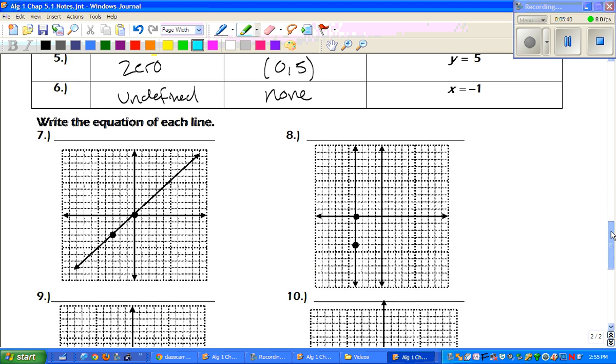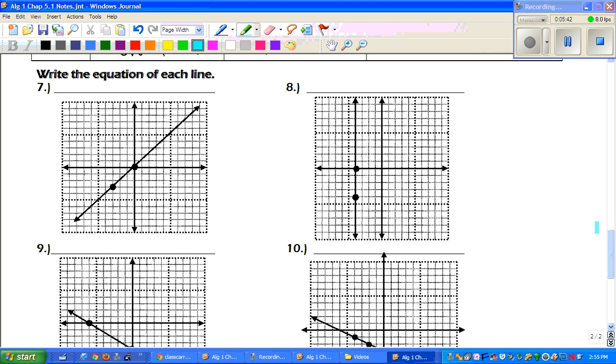All right, let's do a couple of these together. When we're doing this without all those nice little reminders right here, we need to remember we need to know what the slope is and what the y-intercept is. So finding the slope, we just count, and that's up 3 over 3, which gives us 1.